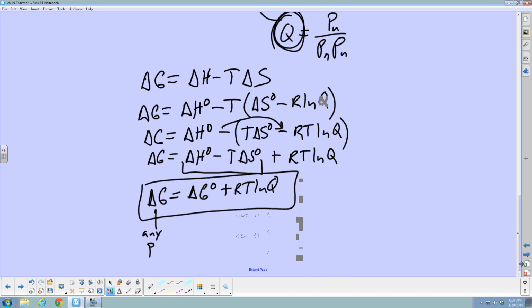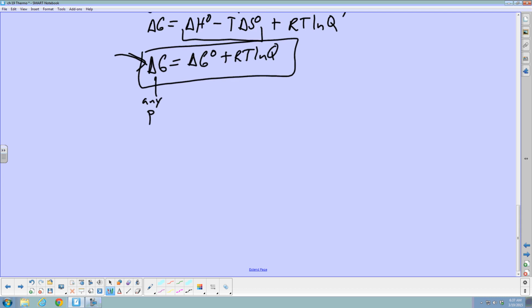Now what do we know? My delta G is 0. So let's talk about finding K, and this is a KP at non-standard pressure.